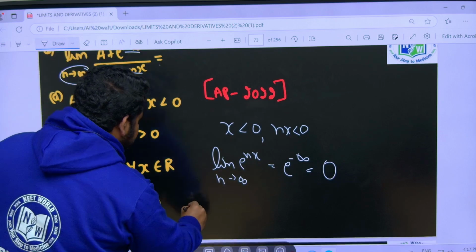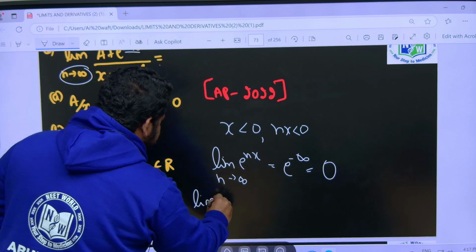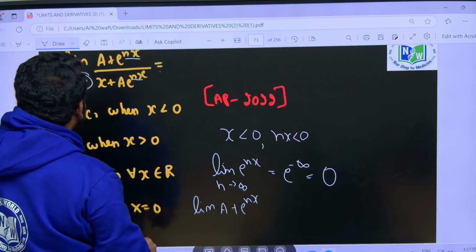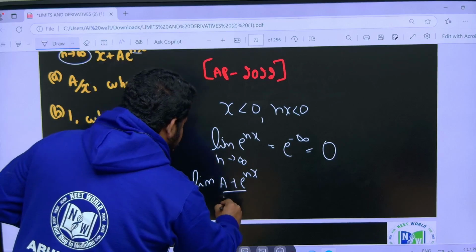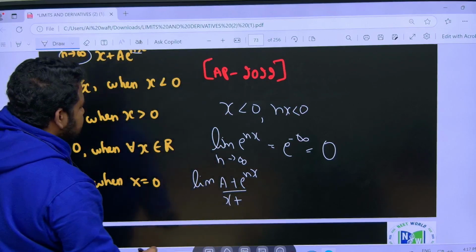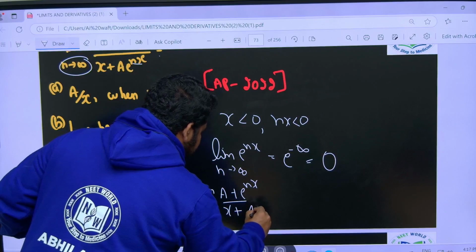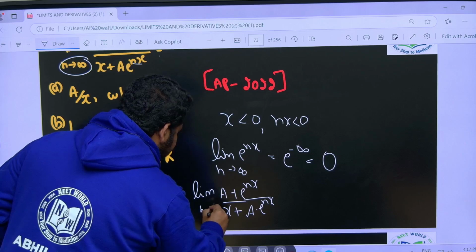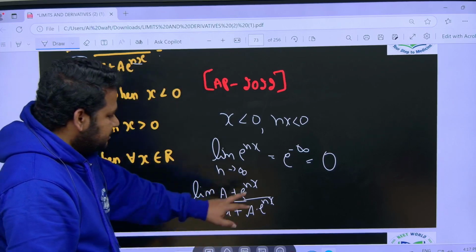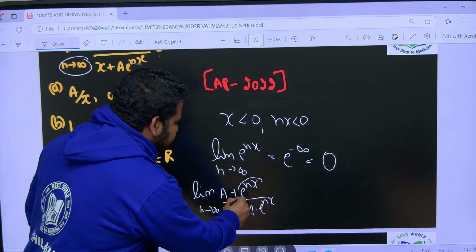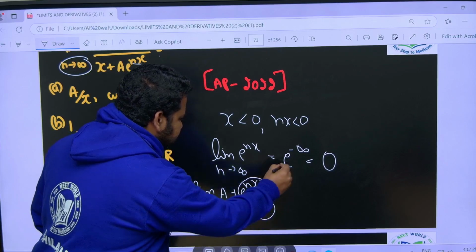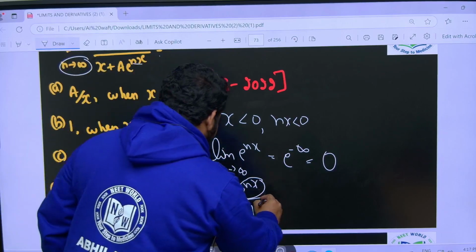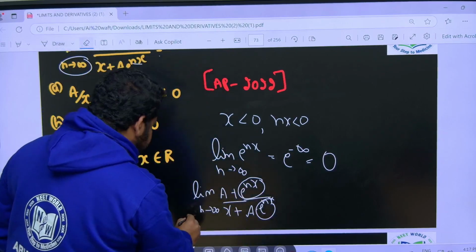If I write the limit of (a + e^(nx)) by (x + a·e^(nx)) as n tends to infinity, this value e^(nx) we got as 0. So if I put these values, this is not h, this is n.